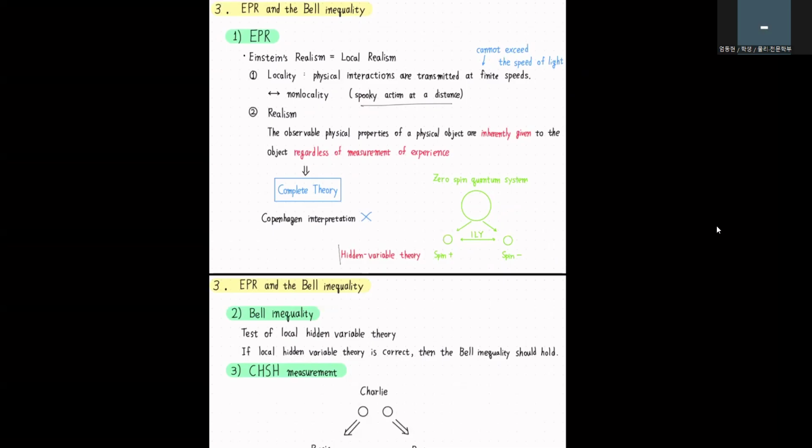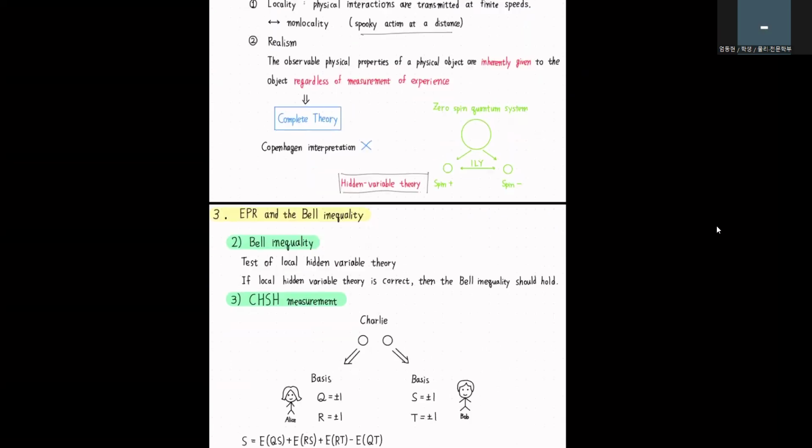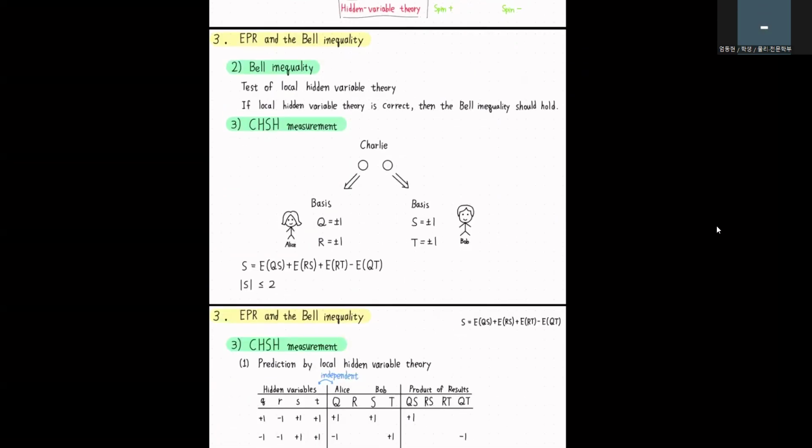And Einstein is basically in favor of hidden variable theory: if the outcome is deemed to be probabilistic, it's not due to quantum mechanics, but due to some hidden variables we haven't accounted for. So Bell's inequality actually aims to resolve this conflict between Einstein's classical hidden variable theory and the probabilistic theory of quantum mechanics.